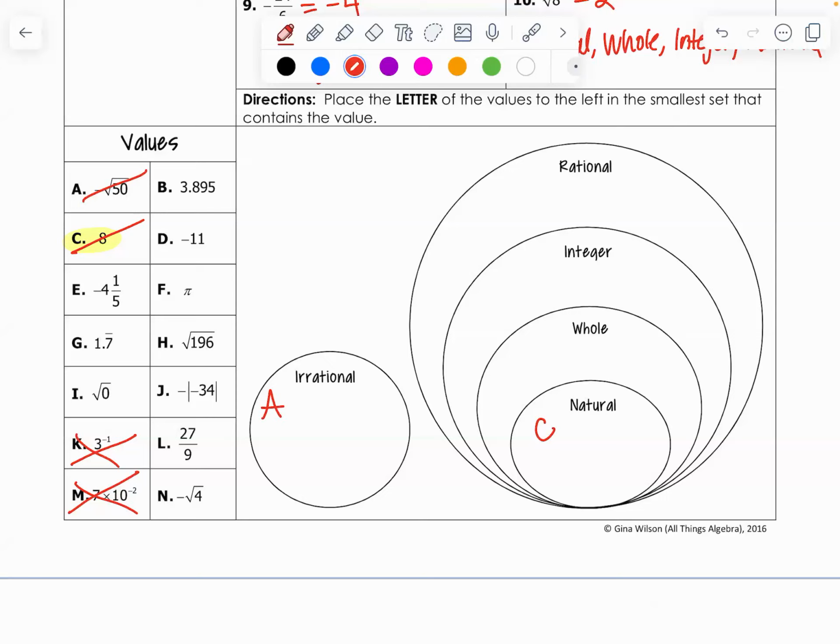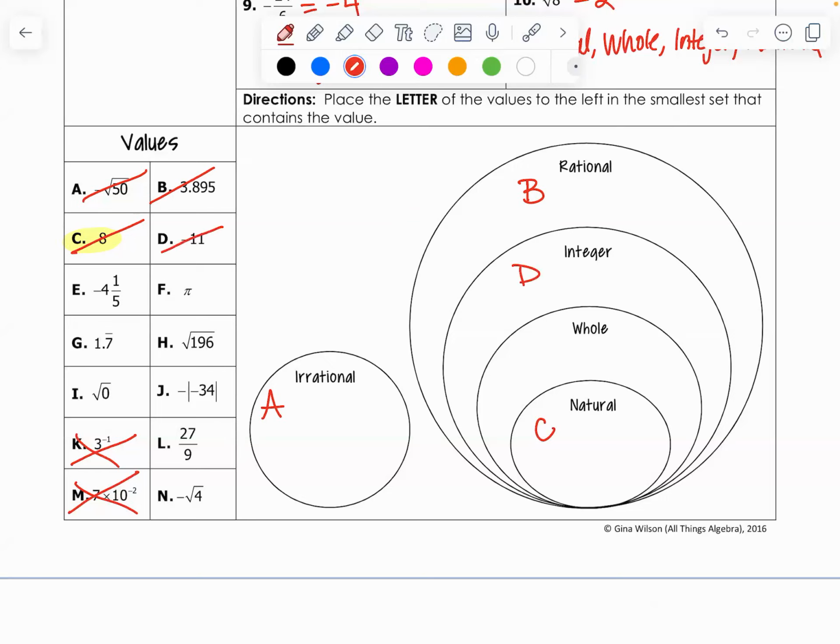Austin, where is that gonna go? It's a decimal that stops. Rational. Good. Okay, negative 11. It's negative. Integer. That's great.